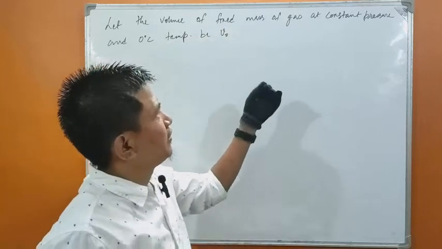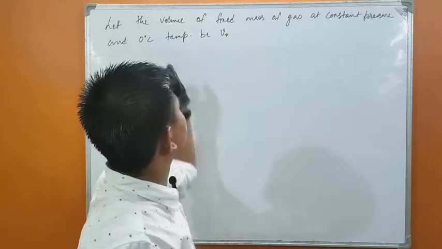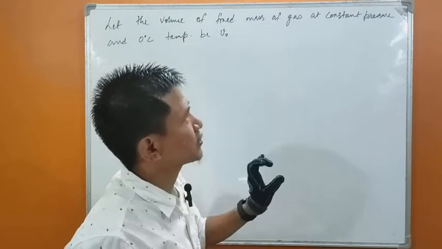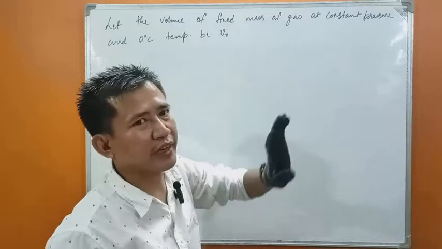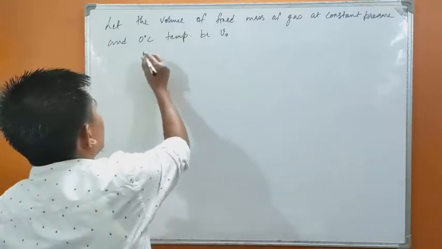When the temperature was 0 degrees Celsius, the volume of the gas is V naught. Keep in mind, pressure is kept constant and mass of the gas is kept constant, okay?